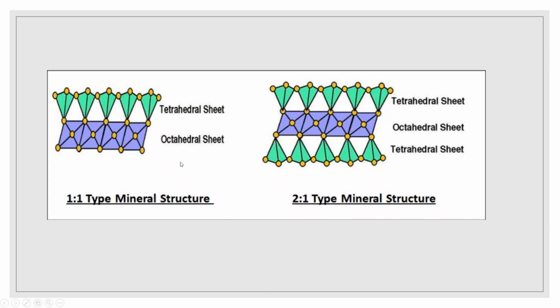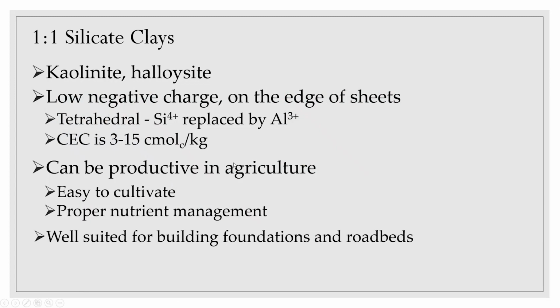And if we go back and remember that this is a 1-to-1 structure, that is going to give us a very stable structure. There's not a lot of room for movement, and we don't want movement when we're building houses or road beds.